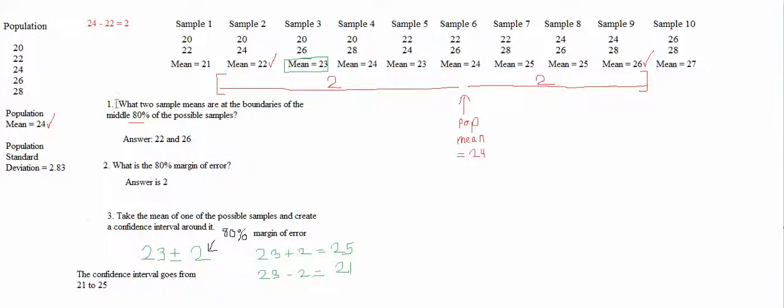So I could say right here, the 80% confidence interval goes from 21 to 25. The reason why it's called an 80% confidence interval is just because we used the 80% margin of error. I'll write this confidence interval under here because it's a confidence interval that was created with sample 3.